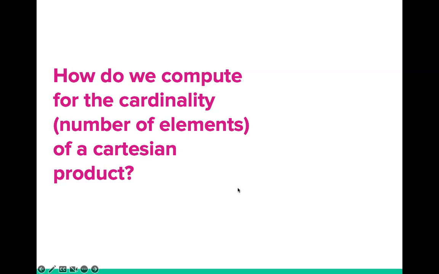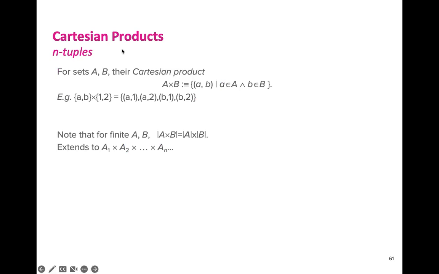So now, how do we compute the cardinality, the number of elements, of a Cartesian product? For sets A and B, the Cartesian product A times B is formally defined as the set of tuples (a, b) such that a is in A and b is in B. Getting the Cartesian product of this will result in (a1, b1), (a1, b2), (a2, b1), and (a2, b2).